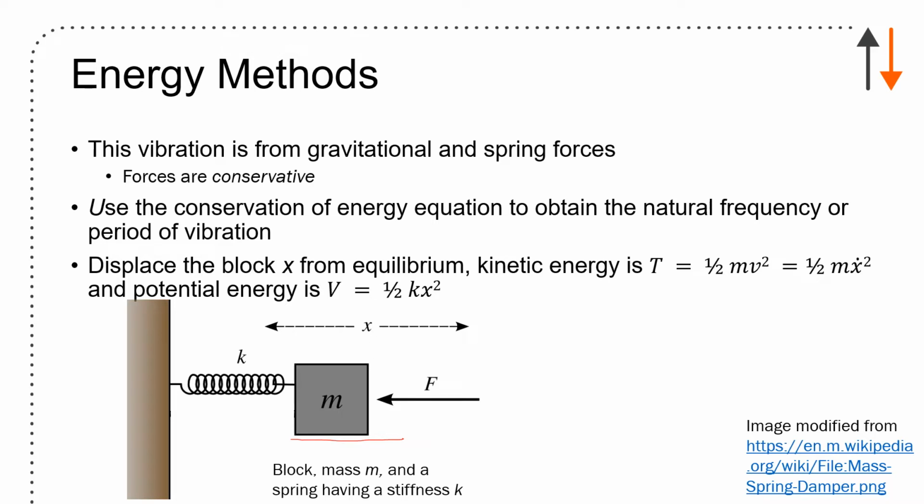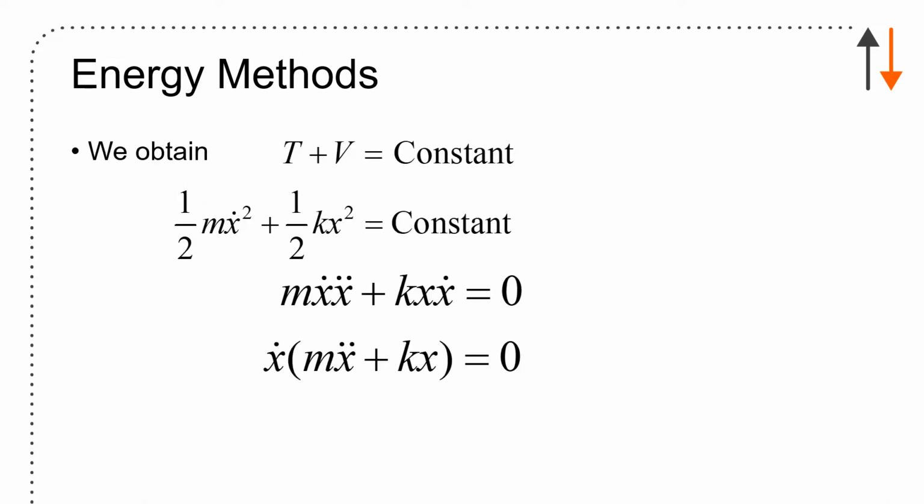You displace the block x from equilibrium. Your kinetic energy is 1/2 mv squared, or in the notation we're using here, 1/2 m x dot squared. You have potential energy, which is 1/2 kx squared. So T plus V is equal to a constant, because total energy is never going to change, because it's conservative.